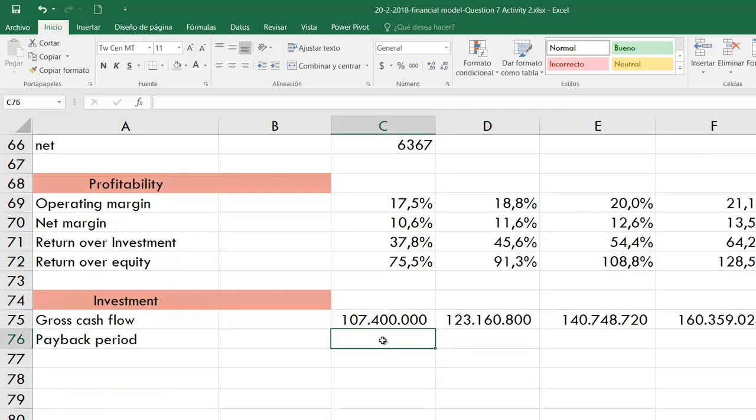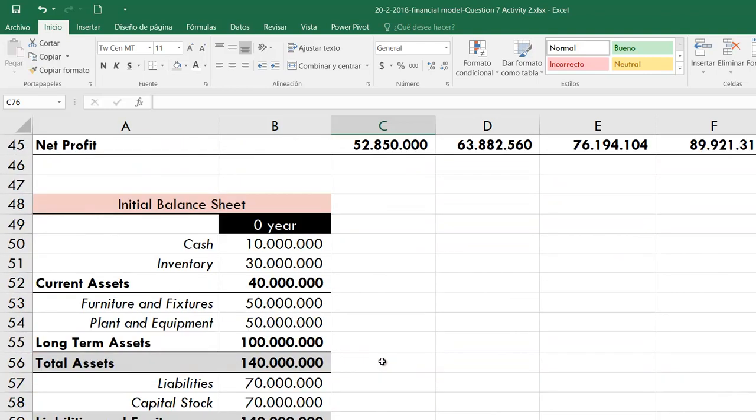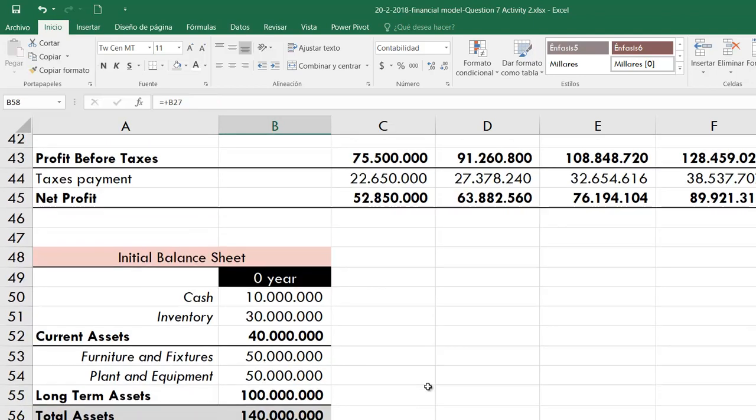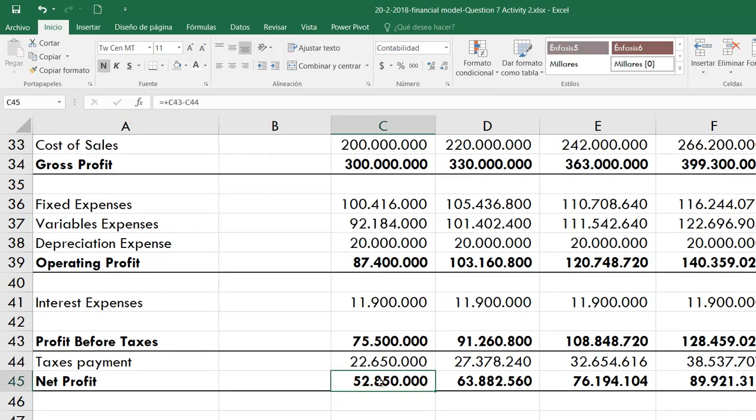And the payback period, as the last of our indicators, is the time we need to return our investment in terms of profitability. Remember that here we are investing 140 million pesos in total, adding liabilities and capital stock. On the first year we make a bit more than 50, then a bit more than 60, and then a bit more than 70 million pesos.